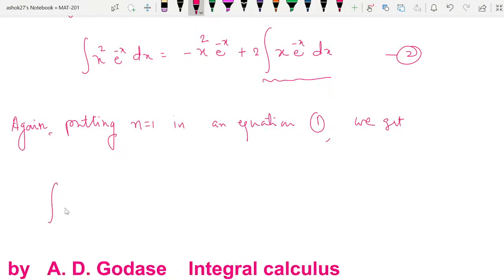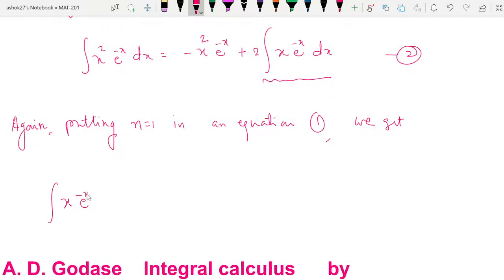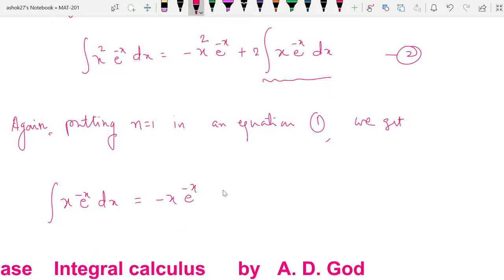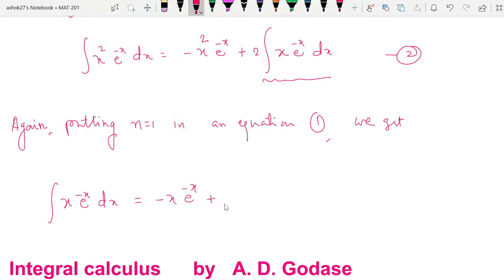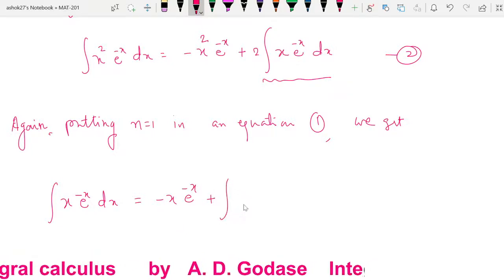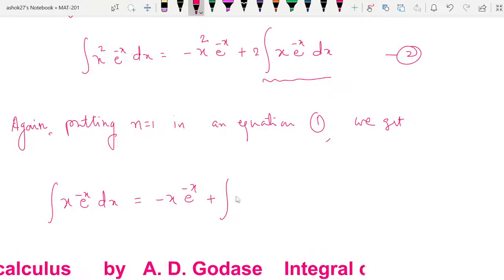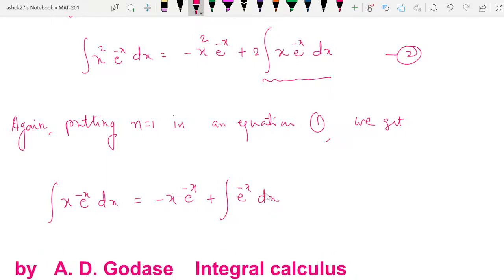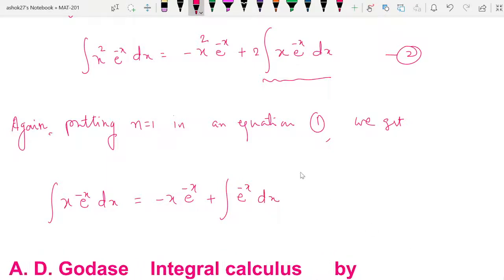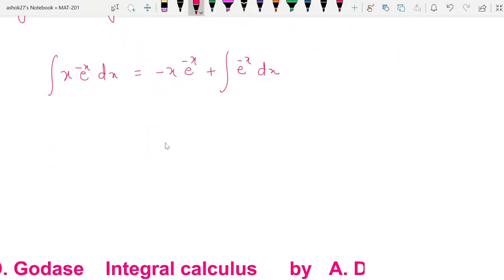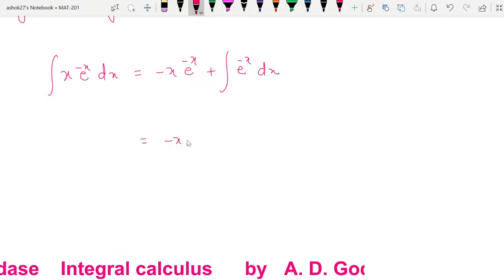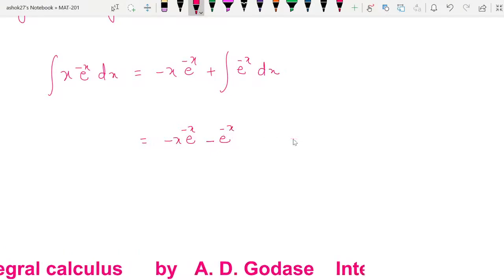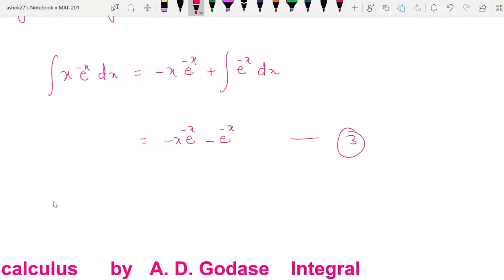That will give us integration of x e raised to minus x dx, which is nothing but minus x e raised to minus x plus 1 times integration of x raised to 1 minus 1, that is 0, so it is just integration of e raised to minus x dx. You can simplify this, and the value of this integration will be minus x e raised to minus x minus e raised to minus x. You can call this equation number 3.